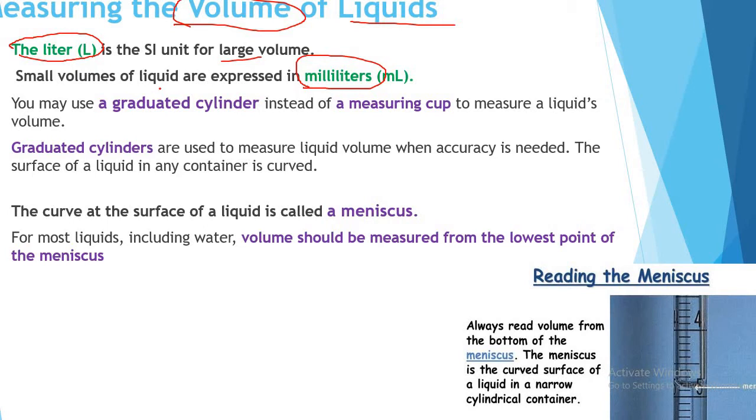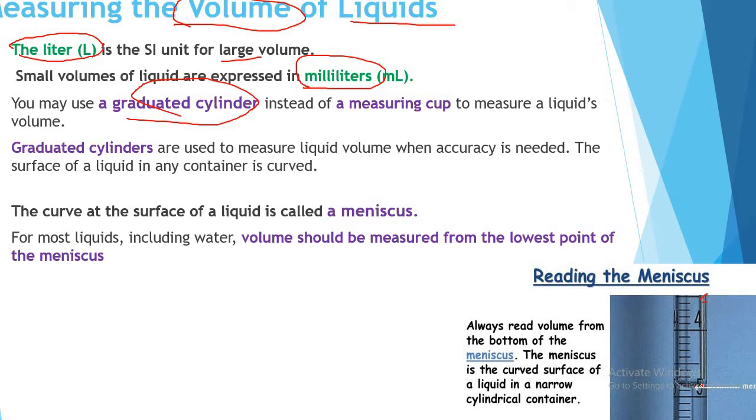So small volumes of liquids are expressed in milliliters. You may use a graduated cylinder. We use a graduated cylinder like this one, instead of a measuring cup, to measure liquid volume. Graduated cylinders are used to measure liquid volume when accuracy is needed. So if you want to measure the volume of liquid accurately, we use a graduated cylinder.